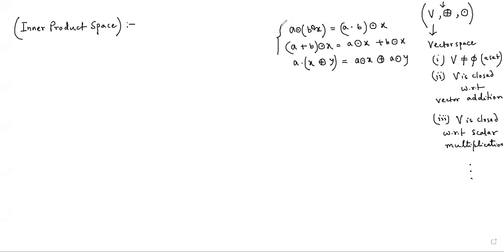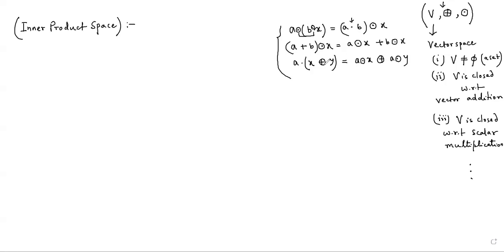But carefully observe what is happening here. Sometimes we try to connect scalar multiplication, this dot, with one another. Here this dot comes from the field, and here this plus is connected to this dot, where this plus comes from the field operation. This dot is from the vector operation.